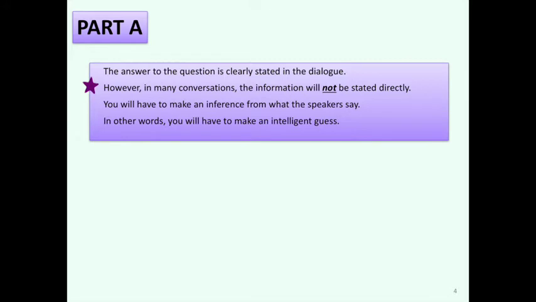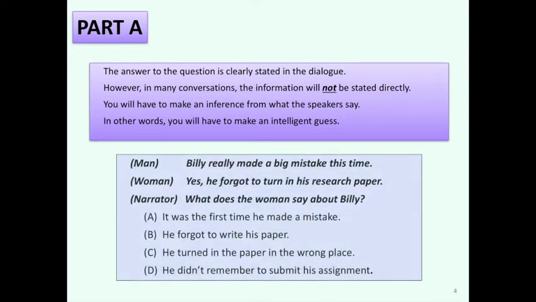However, usually the information will not be stated directly. So you will have to make an inference from what the speakers say. That means that you will have to make an intelligent guess. So let's look at an example and see what kind of inference you will have to make.